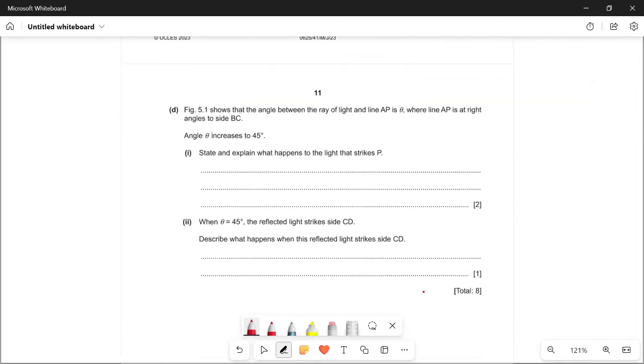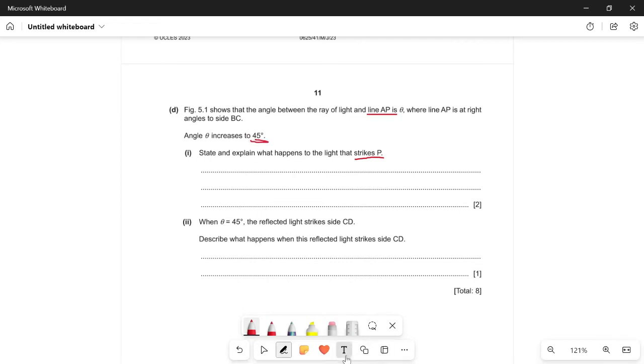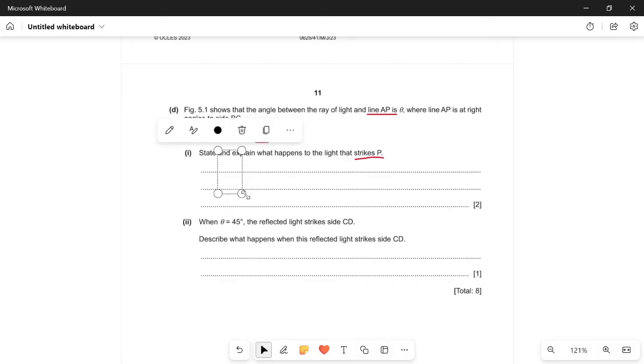D. Figure 5.1 shows that the angle between the ray of light and line AP is theta, where the line AP is at right angles to side BC. Angle theta increases to 45 degrees. State and explain what happens to the light that strikes P. So if angle theta increases to 45 degrees, that means it has exceeded the critical angle, which was 42 degrees.